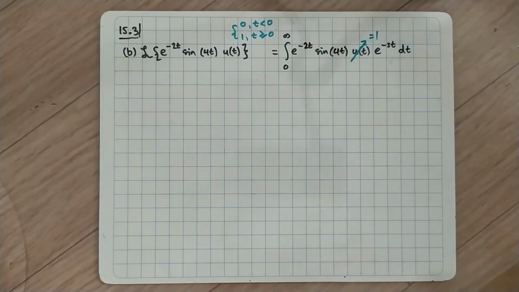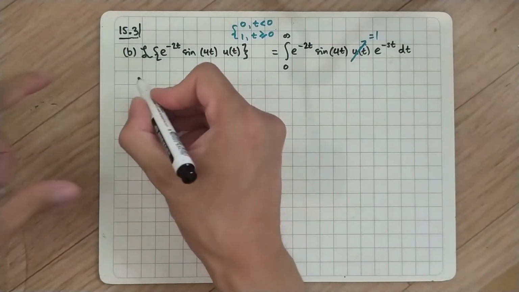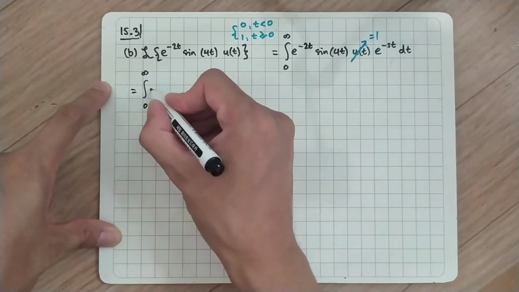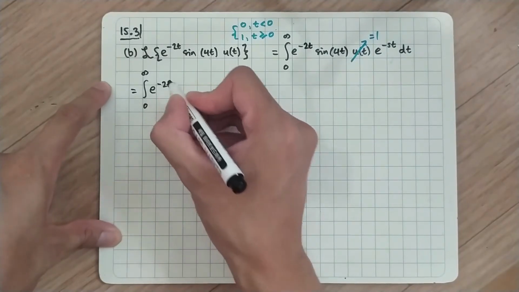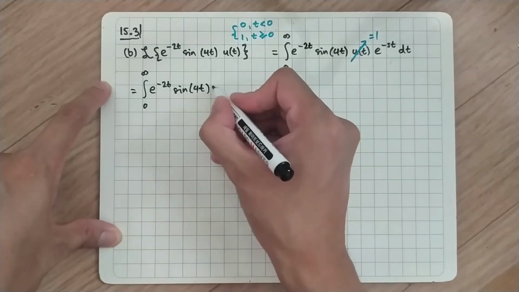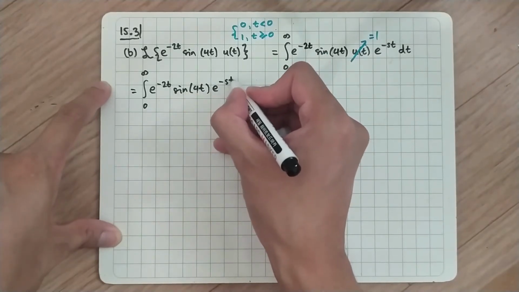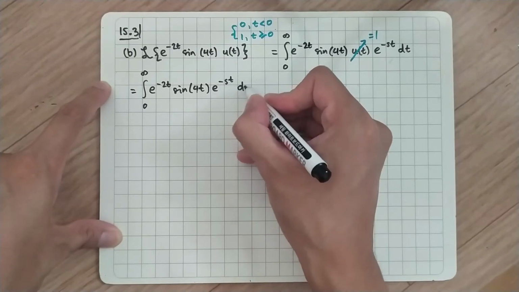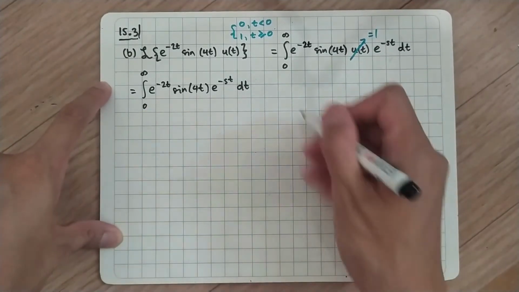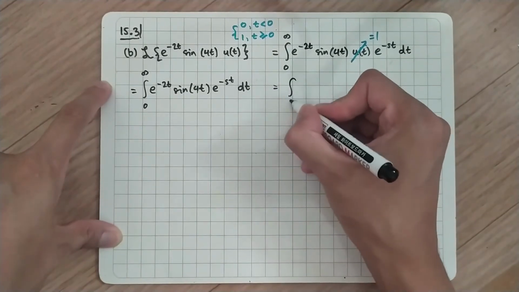So we can rewrite this as the integral from 0 to infinity of e to the minus 2t sine 4t e to the minus st dt.